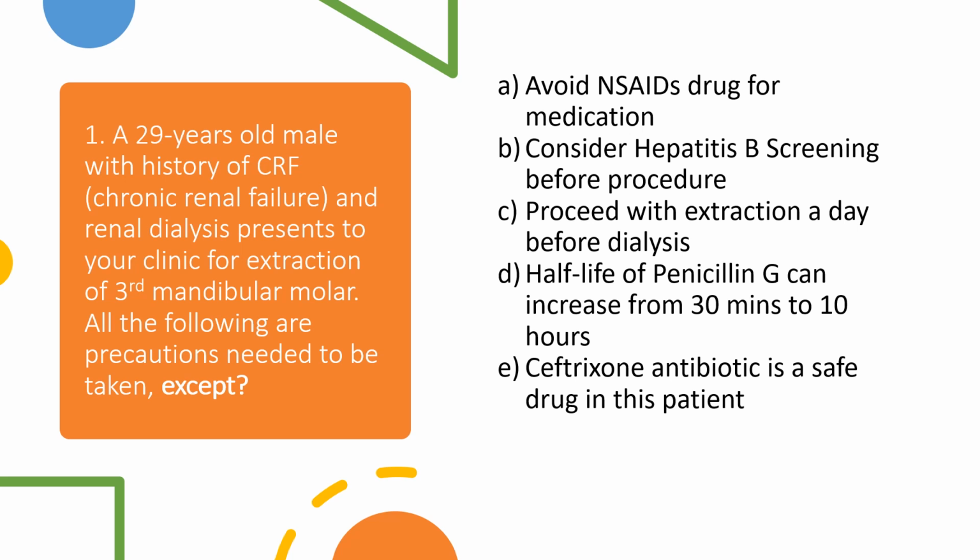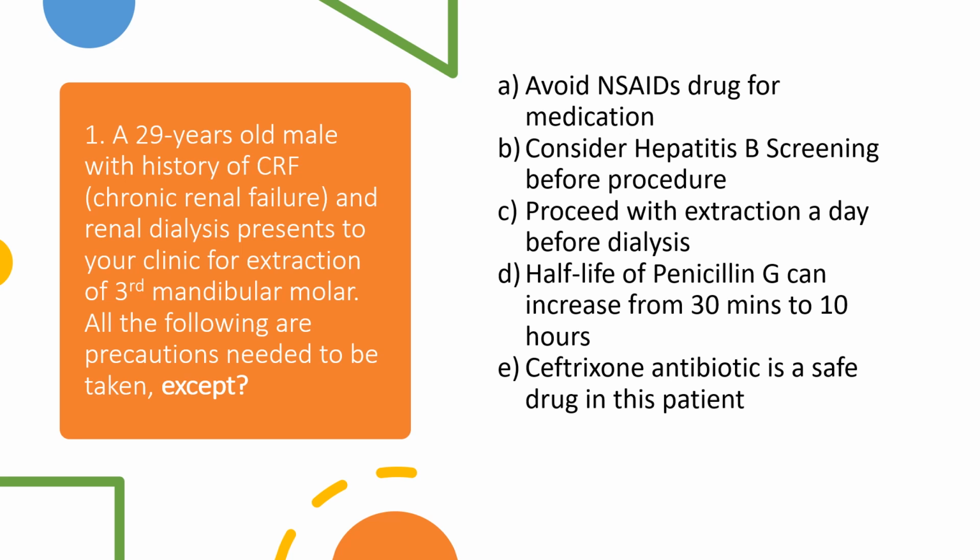So this option could be correct. The second option is consider hepatitis B screening before procedure. Third option is proceed with extraction on a day before dialysis. And option D is half-life of penicillin G can increase from 30 minutes to 10 hours. And the fourth option is ceftriaxone antibiotic is a safe drug in this patient.